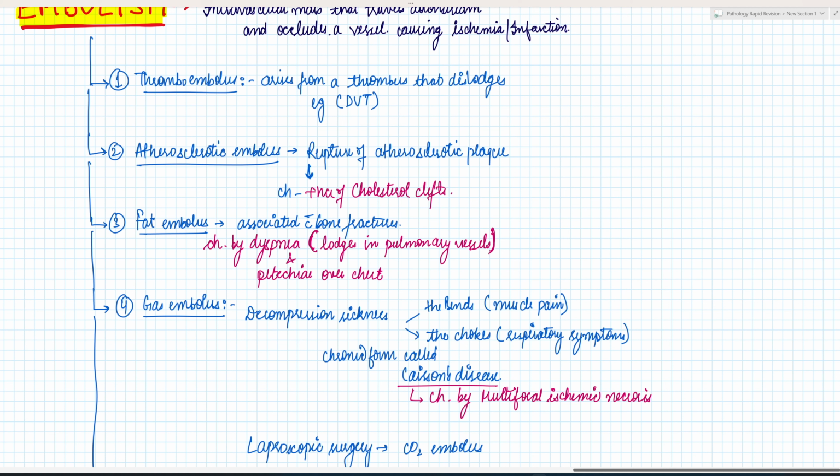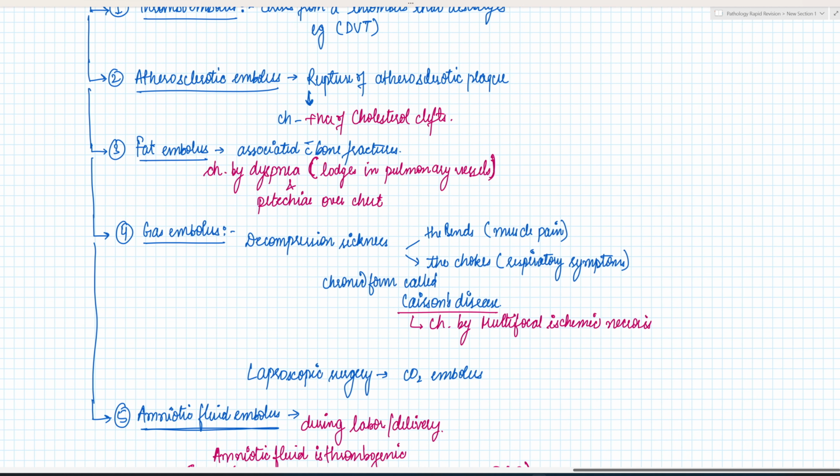When it does block a smaller vessel, the platelets come together and stabilize it again and form a full-fledged thrombus. And one important thing you need to have in mind is the presence of cholesterol clefts. If you see under light microscopy, there will be presence of cholesterol clefts in the atherosclerotic embolus. That is how you can differentiate it from the others.